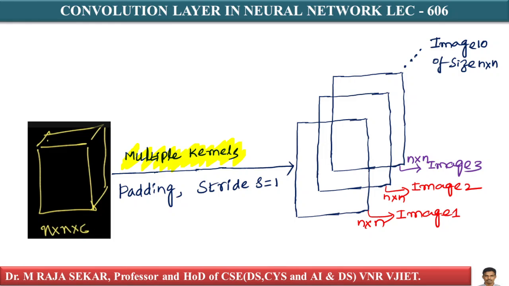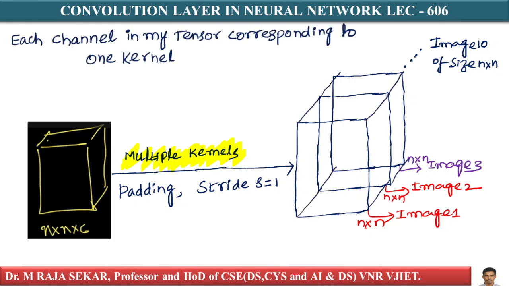So the output is again a 3D tensor, but it's not 3 channels. Each channel in my tensor corresponds to one kernel here. So this is how a simple convolutional layer looks like.